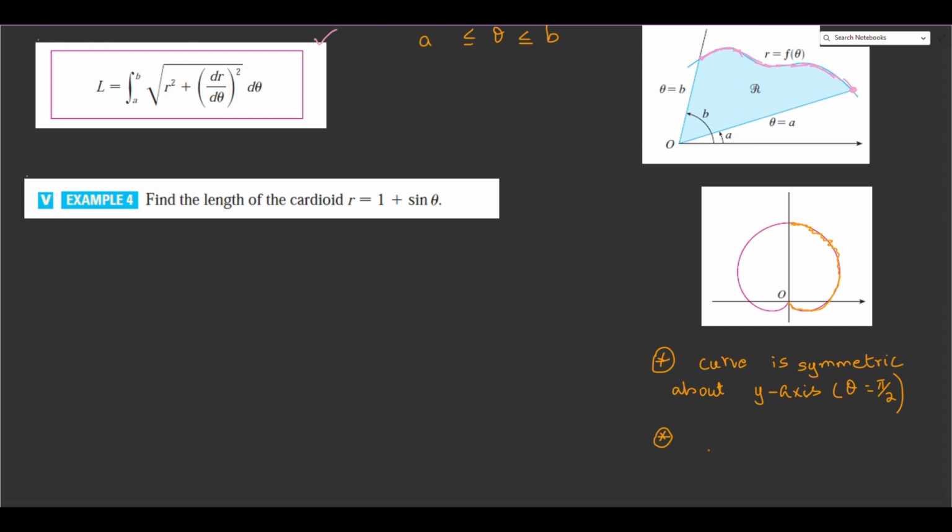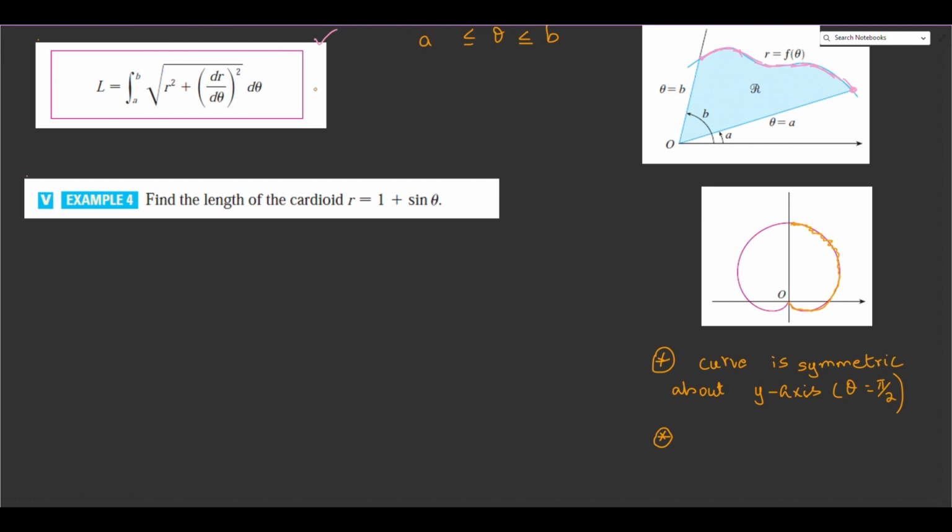But here we are not given the values of theta, so you need to determine the values of theta yourself. First, in this formula we have the square root of r squared plus (dr by d theta) whole squared.